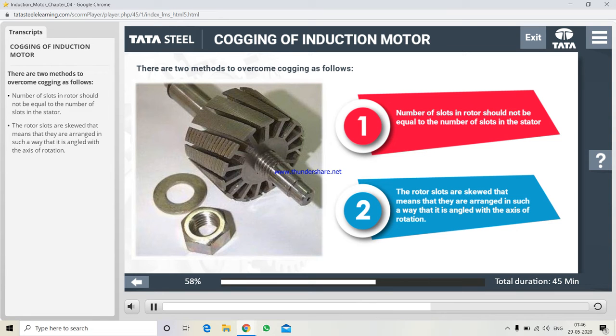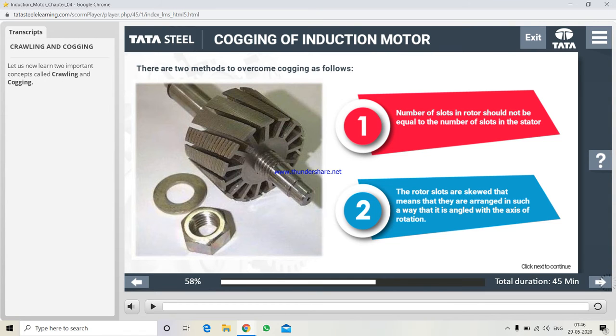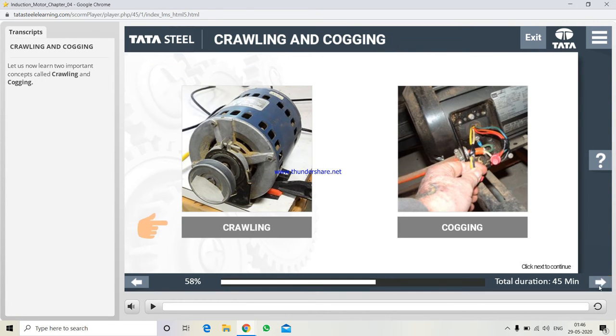That means the stack of the rotor is arranged in such a way that it angles with the axis of rotation. Click Next to continue.